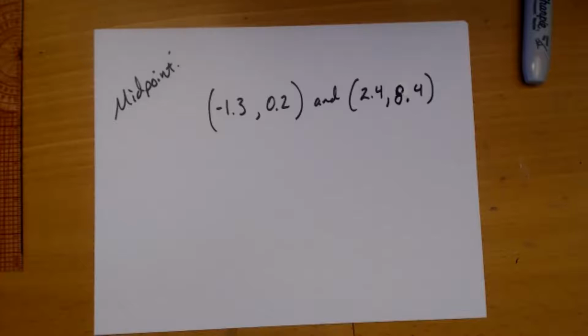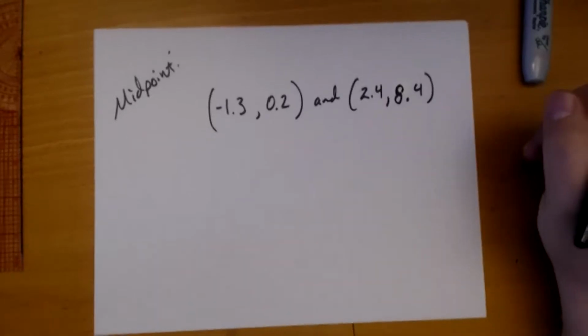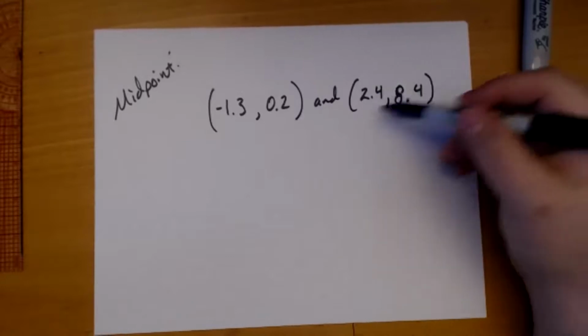Okay, I think I know what some of you are doing. A lot of you guys are getting it right, but some of you guys are mixing X's and Y's together.